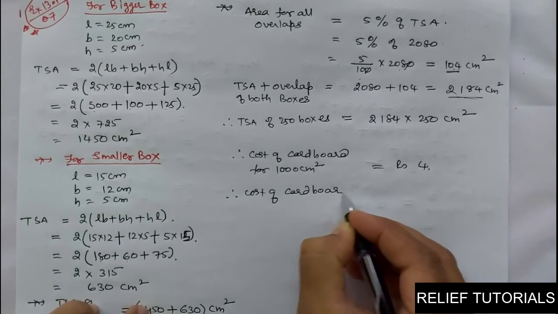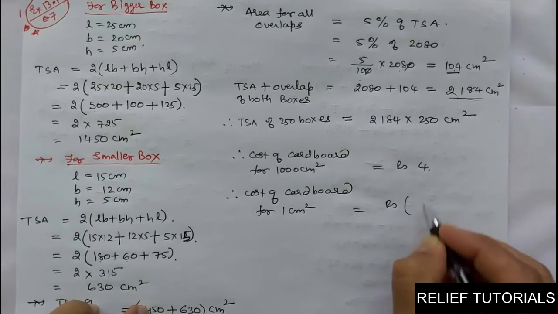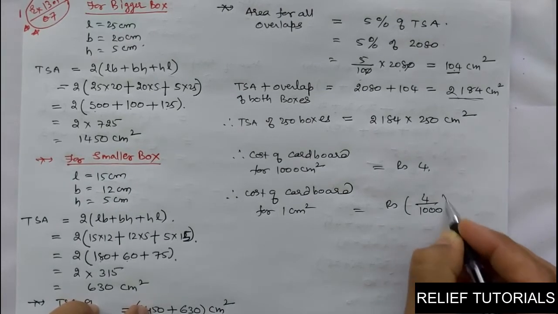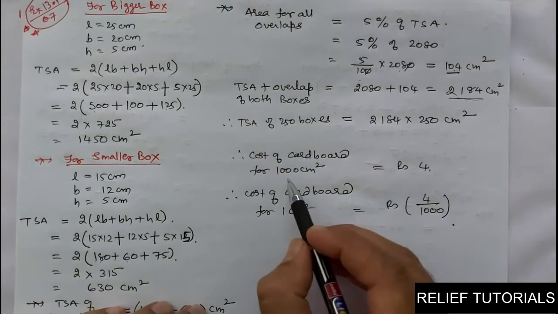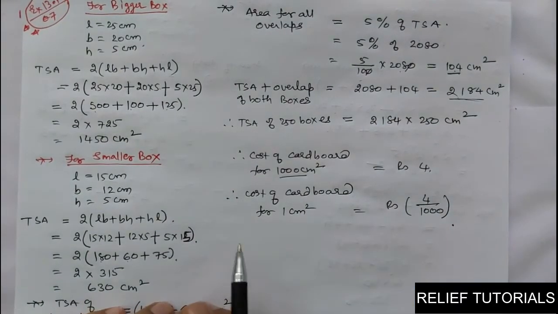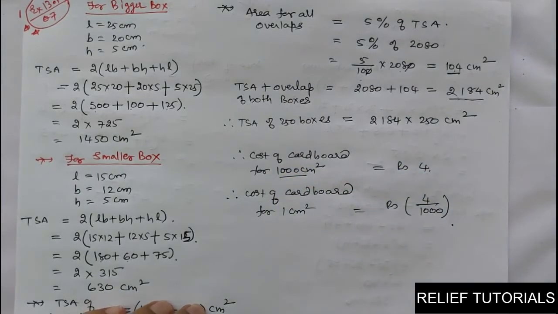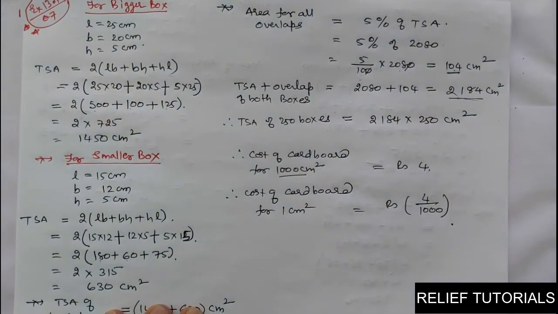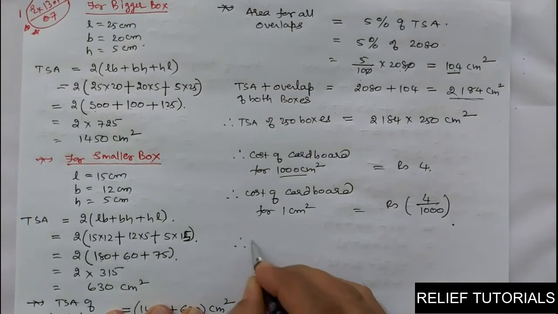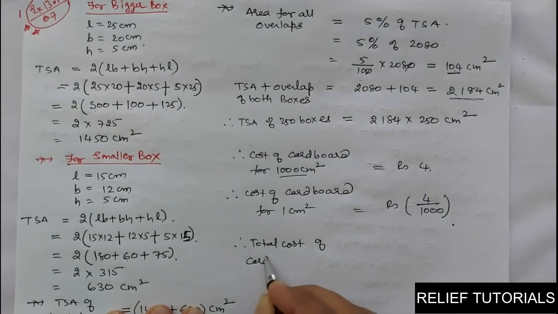Cost of cardboard for 1 centimeter square is rupees 4 upon 1000. Have you got it, friends? For 1000 centimeter square it is 4 rupees, so for 1 centimeter square 4 upon 1000. And how much total sheet do we require? This amount. So now we will find the total cost of cardboard.